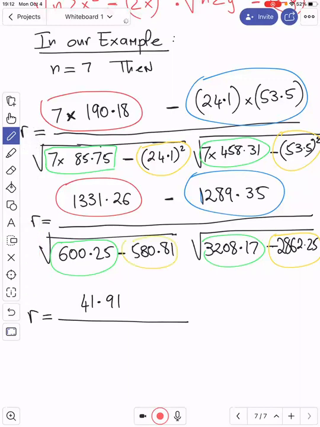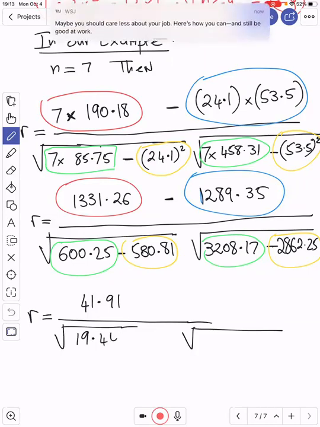First we have to subtract. We have these two square roots, right? There's a square root here, and there's another square root right here. So first we have this 600.25 minus the 580.81, which will be equal to 19.44.